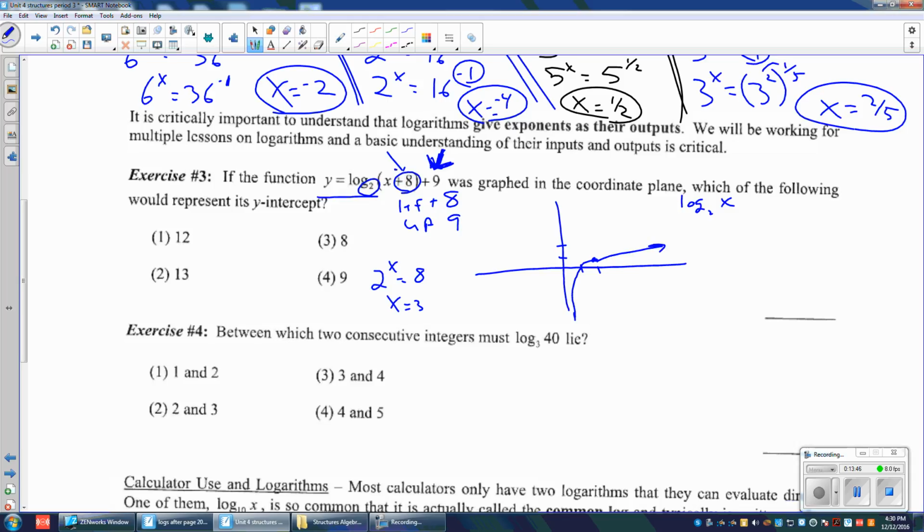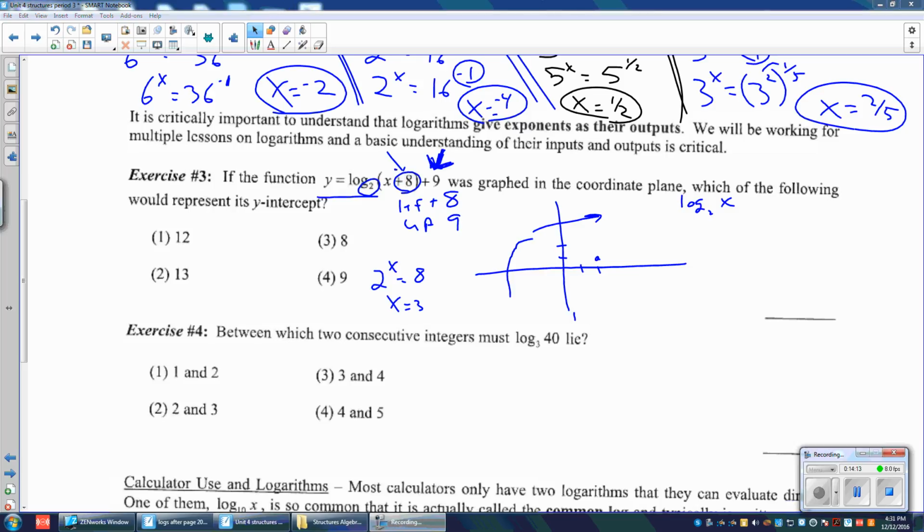Now what's going to happen is that, like I said, it's going to go to the left 8. It's going to go up 9. So the original function had no y-intercept, but because we're moving it to the left and we're moving it up, it is going to have a y-intercept.